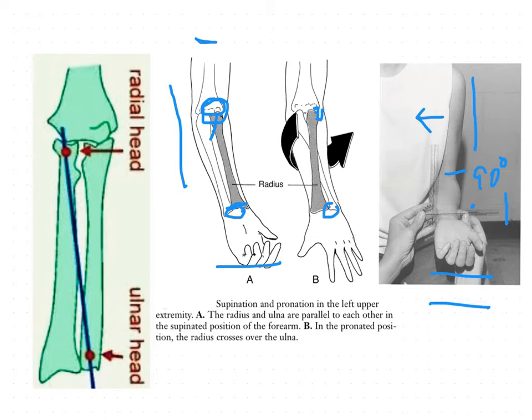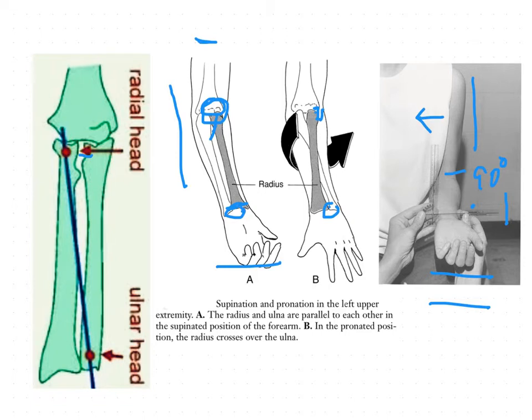Okay, now the quadrate ligament. The quadrate ligament limits the spin of both. So here you can see the quadrate ligament, and this quadrate ligament is going to limit the spin of the radial head in both pronation as well as in supination.